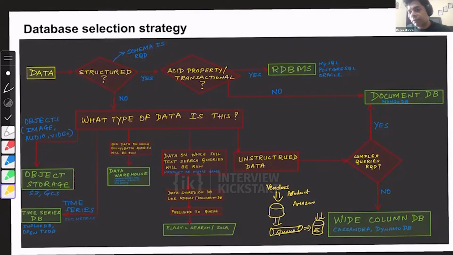And for volume and performance, you can look at the benchmarks. Every database has a paper published on their benchmarks. But we will have some use cases where we can see in what scenario, what database is more suitable.